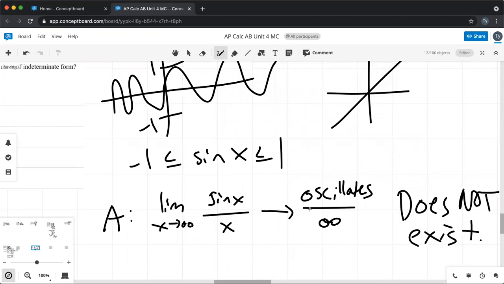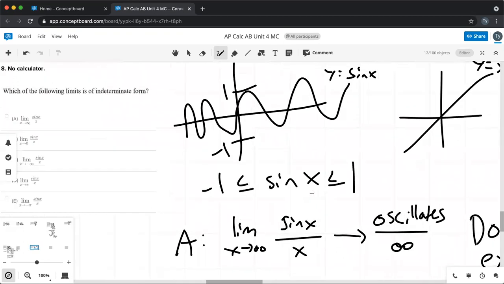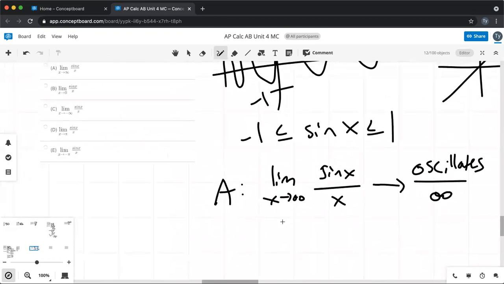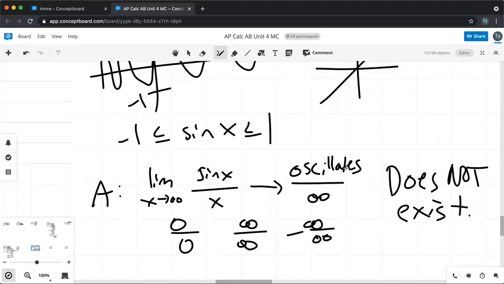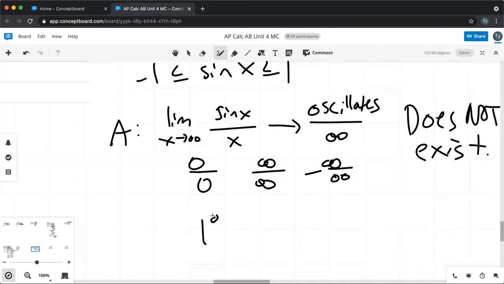But it also isn't an indeterminate form, right? Indeterminate forms we're looking for are 0 over 0, infinity over infinity, minus infinity over infinity, that kind of thing. Oscillate is not one of these things, right? A note, there are other indeterminate forms like 0 to the infinity, but I'm blanking on the other ones.